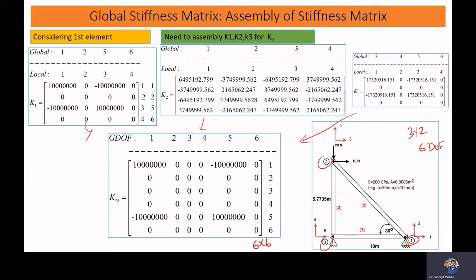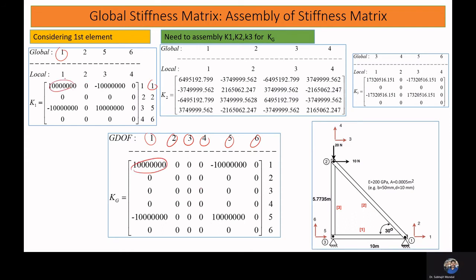Now we will see how we can fill the global stiffness matrix one by one. Consider the first element. Here you can see our global degrees of freedom 1, 2, 3, 4, 5, 6. For the first element, we have 1 and 1, where we have some non-zero value.